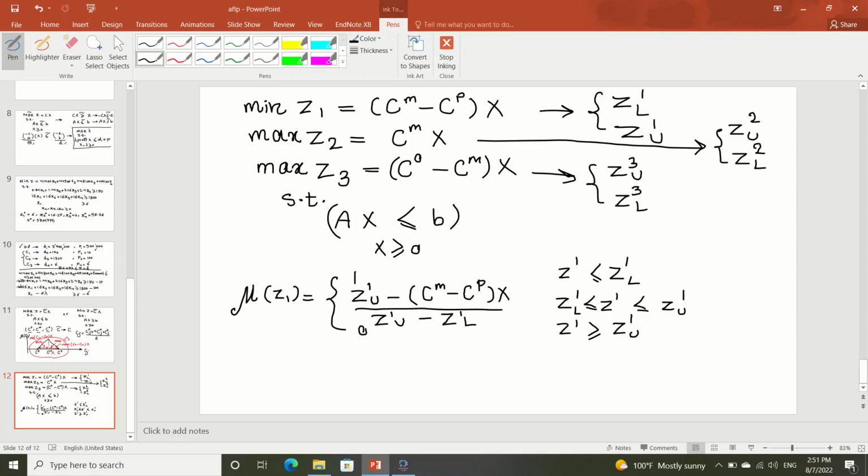Okay, for the inequality of the crisp constraint, we must consider this membership function is greater than lambda. So we can rewrite this like this situation. Okay.